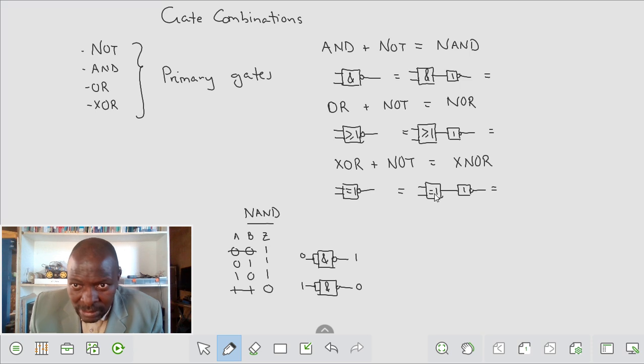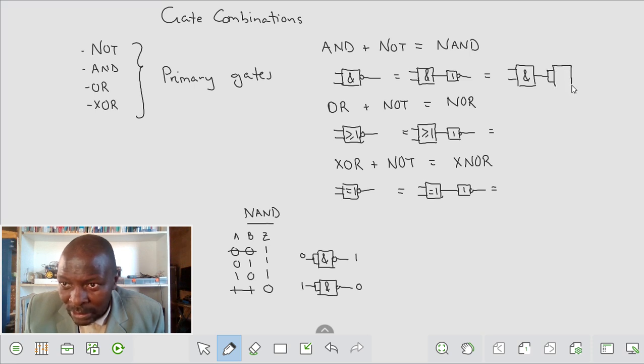What I want to show is that I could have combined an AND gate instead of the inverter. If I couldn't have an inverter, then I could actually use a 1 input NAND gate. It will still give me this. Remember, this is an inverter. A 1 input NAND gate is as good as an inverter.